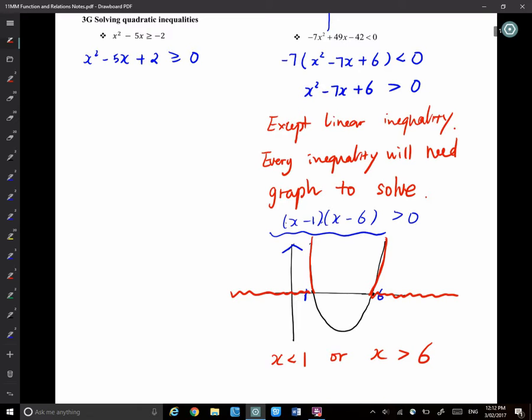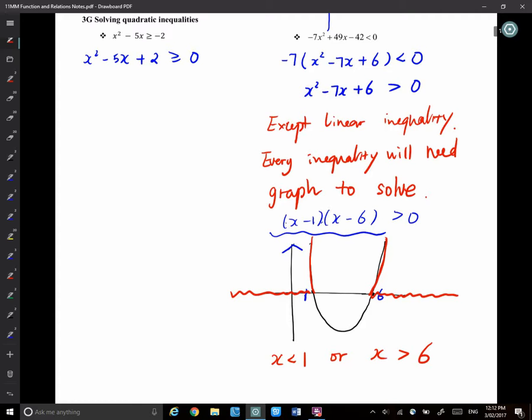That's overall what you have for this question. If you can find any common factors, divide the common factors on both sides to simplify the equation a little bit, and then factorize it. Because it's not a linear inequality, we need a graph to help us solve it. We draw this quadratic. It's a happy face. You have intercepts 1 and 6.